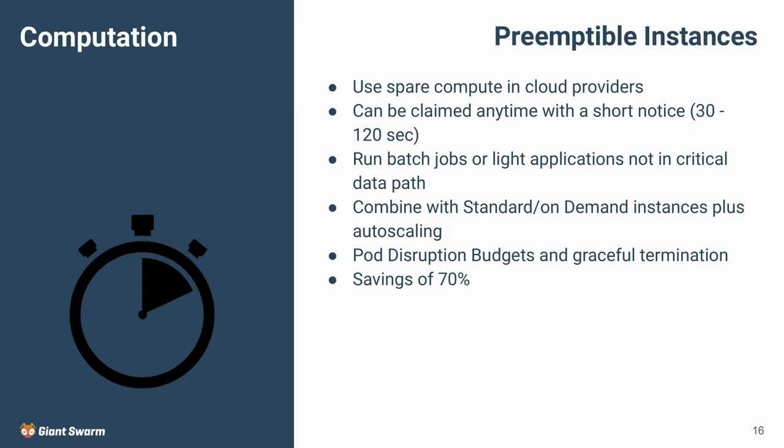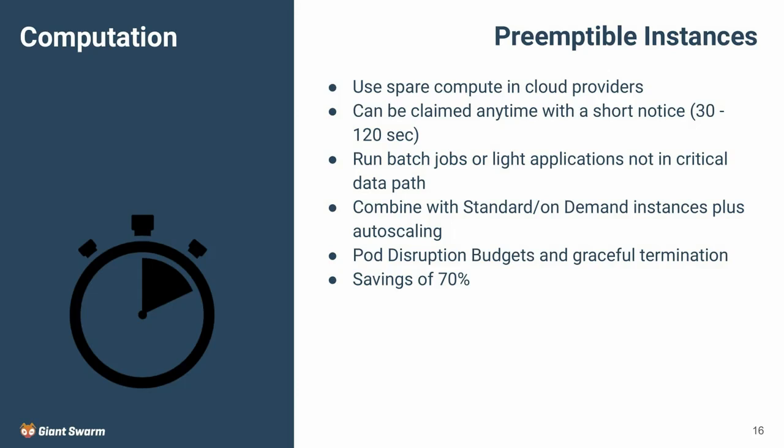And also they have to have some settings like pod disruption budgets or others, so you always have some replicas available in the cluster, even if they are on these on-demand instances. So that's something you have to learn, because it will depend a lot on the type of application that you have.